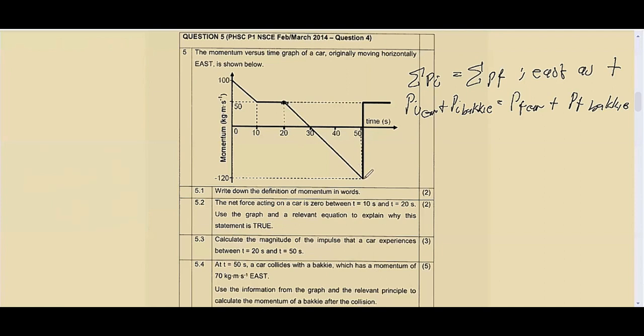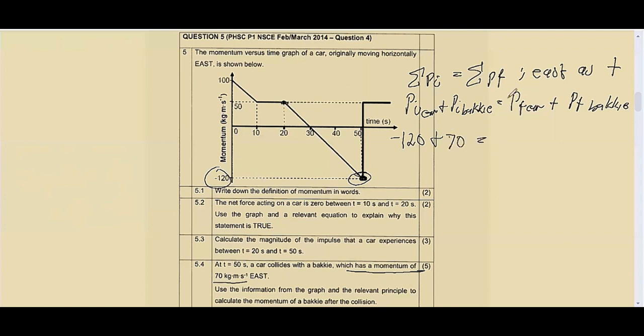This is at 50 seconds, not 20. So this is our initial momentum here at 50 seconds, and we can tell that it is negative 120. So substitute negative 120 there. Then what is the initial momentum for the buggy? They told us here: it collides with a buggy which has a momentum of 70 kg meters per second. So we can substitute the 70 in here.